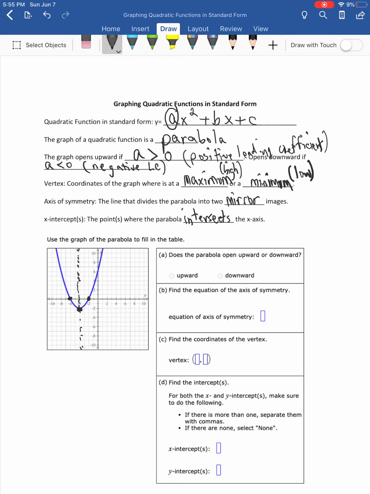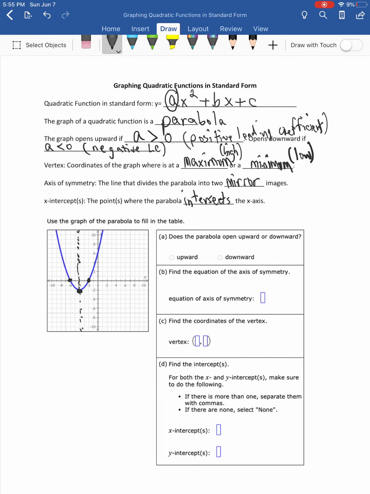Some of the questions you're going to have to answer in your assignment look like this, where before actually graphing anything, they're going to give you a graph and you're going to have to answer questions about that graph. Does the parabola open upward or downward? Of course, this one opens upward. Find the equation of the axis of symmetry. Let me erase this actually. We see that the parabola has its symmetry at -4.